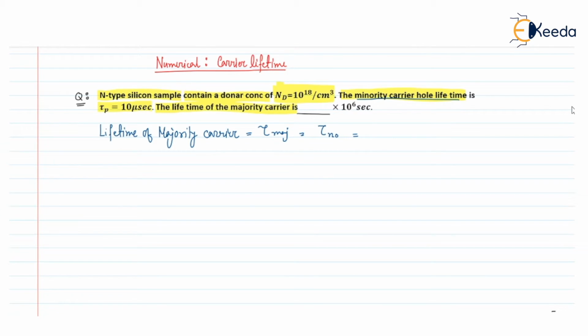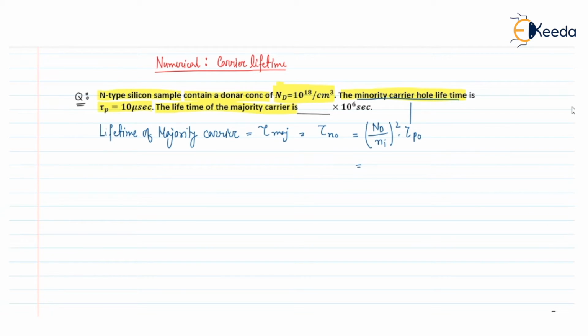So tau n0 is the lifetime of the majority carriers in the N-type silicon sample, and we know that tau n0 is denoted by the equation Nd by Ni whole square into tau p0, where tau p0 is the minority carrier hole lifetime, and tau p is given as 10 microsecond.